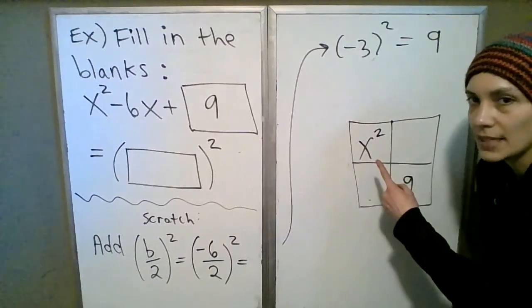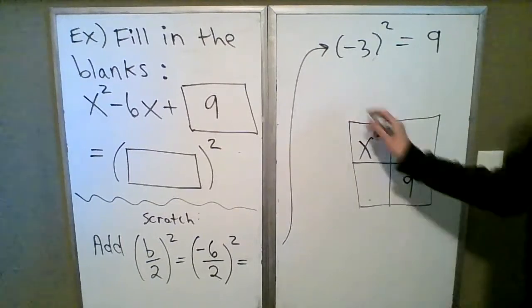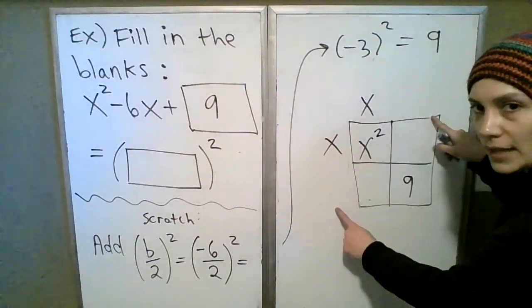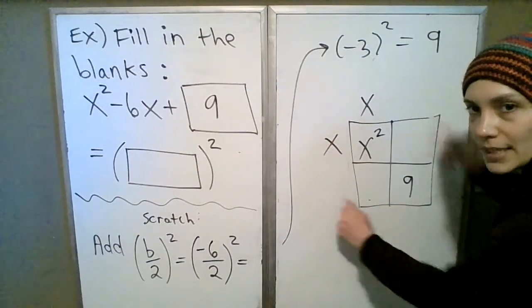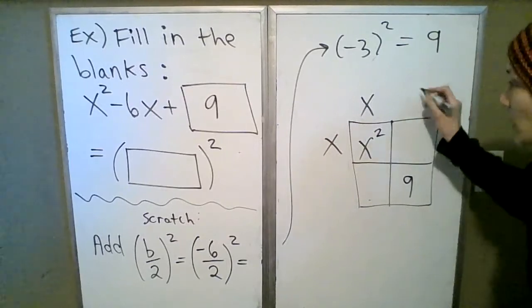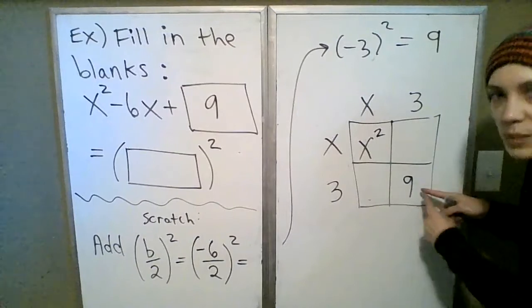Then I get the sides. x times x is x squared. I want both sides to match, so I'm going to use 3 times 3 to get 9, instead of like 1 times 9. I want the same number here as over here. And then multiply to 9.